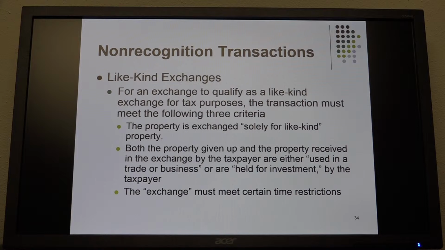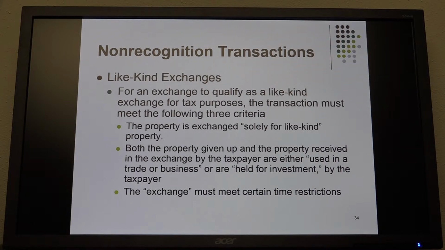Both the property given up and the property received in the exchange by the taxpayer must be used in a trade or business or held for investment by the taxpayer. Now, note here that the taxpayer could take property that they used in a trade or business and exchange it for like-kind property that they plan to use for investment purposes.